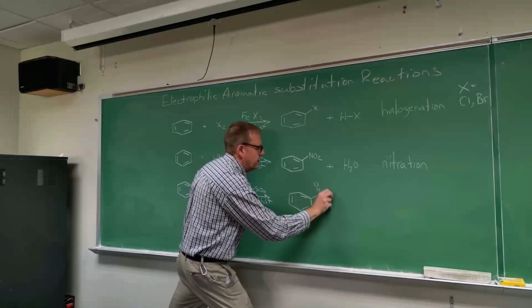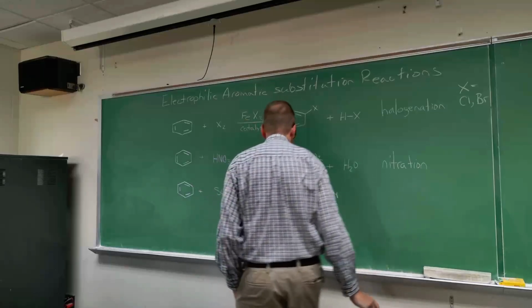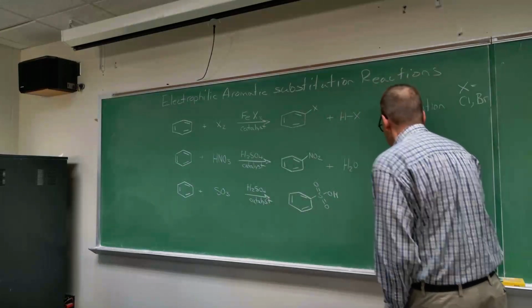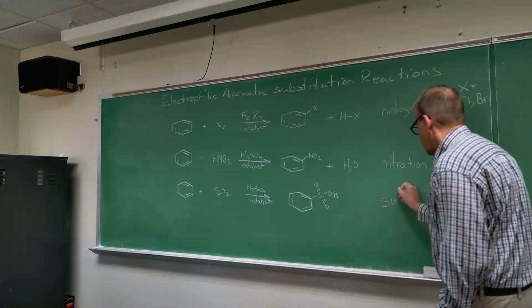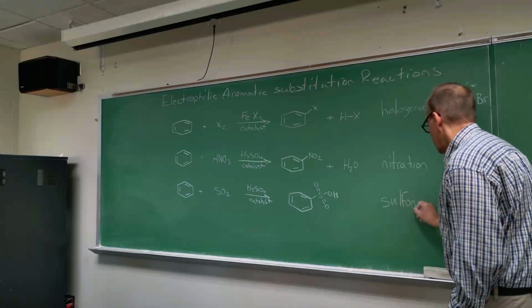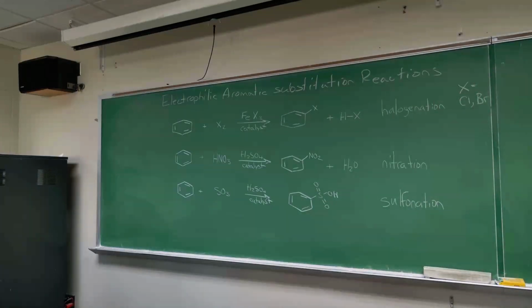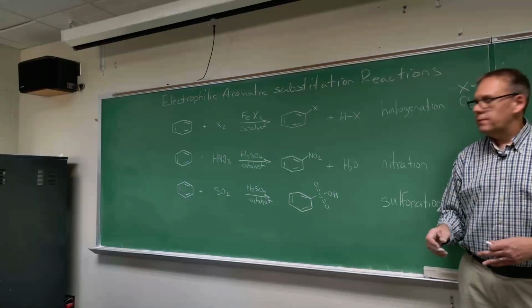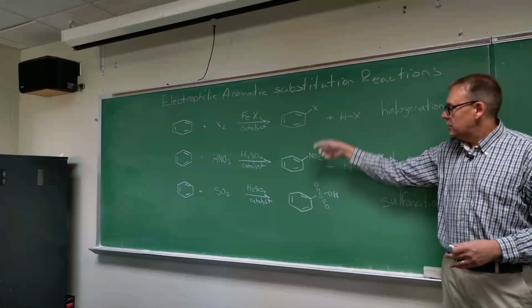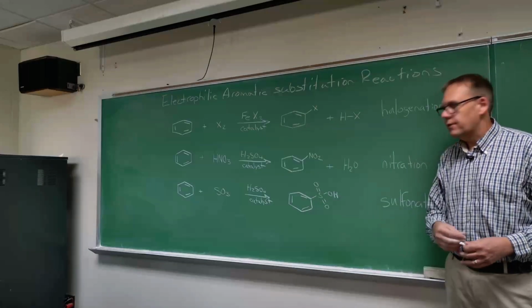So this is a sulfonic acid functional group. And this is called sulfonation. All right, those are groups that are not carbon groups. So some diversity: halogen, nitro, sulfonic acid.